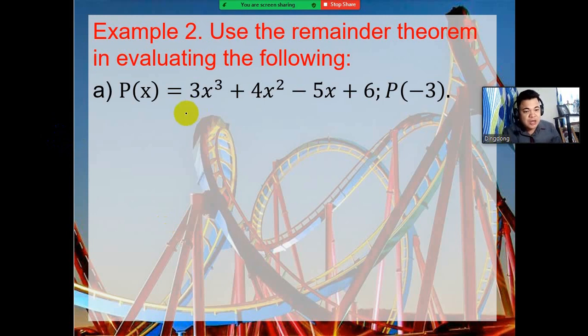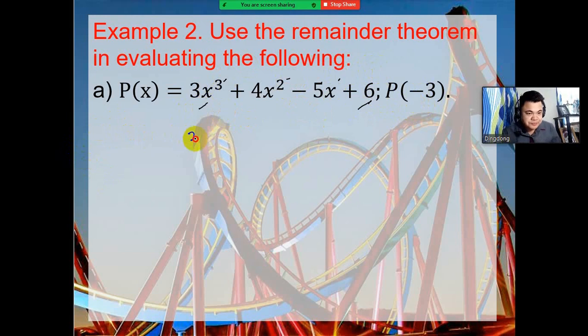In this case, we have p of x equals 3x cubed plus 4x squared minus 5x plus 6. Let's check if it is complete and arranged. Just look at the degree: 3, 2, 1, then 0. So it is a complete polynomial function, and it is arranged in descending order from the highest degree down to the lowest degree. And then the value, p of c, is equal to p of negative 3.